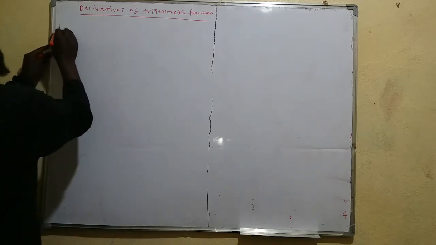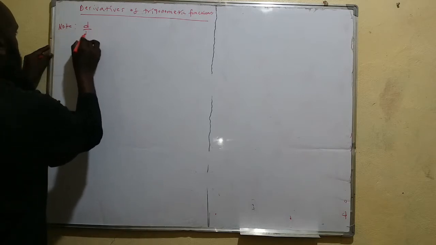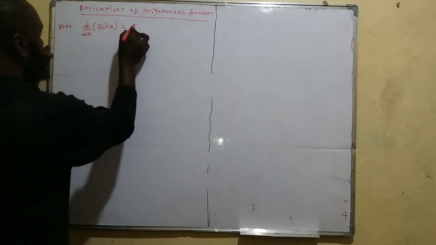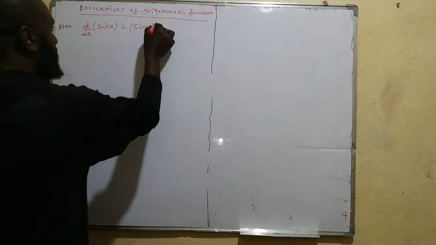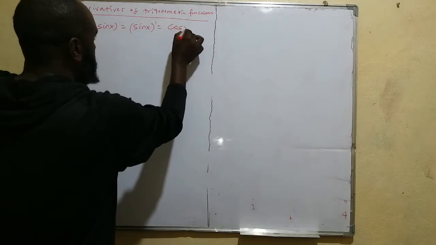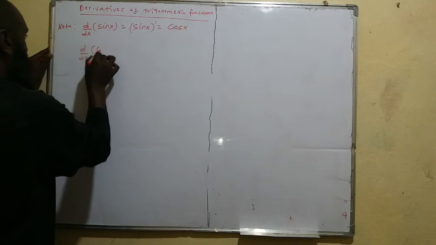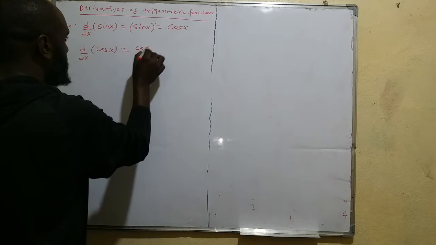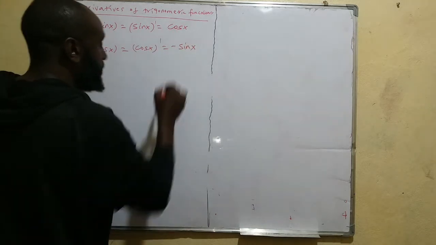So note that d by dx of sine x, or simply the derivative, just take it for granted. The derivative of sine x is equal to cos x, and d by dx of cos x is minus sin x.